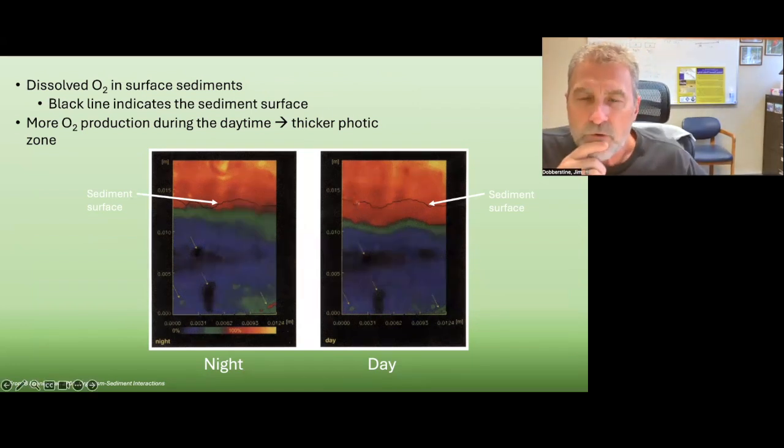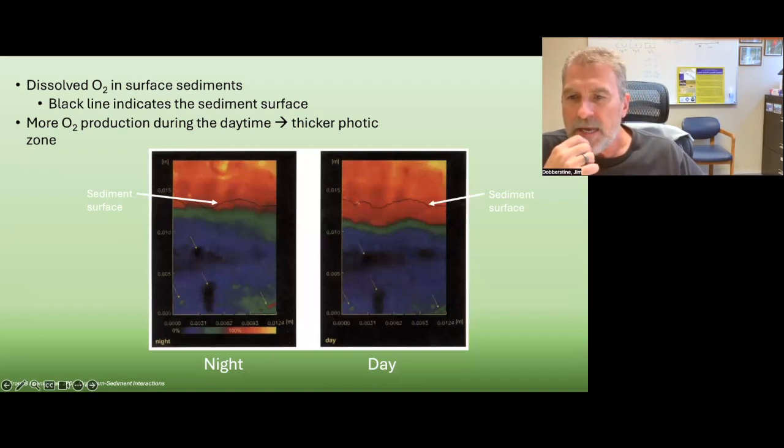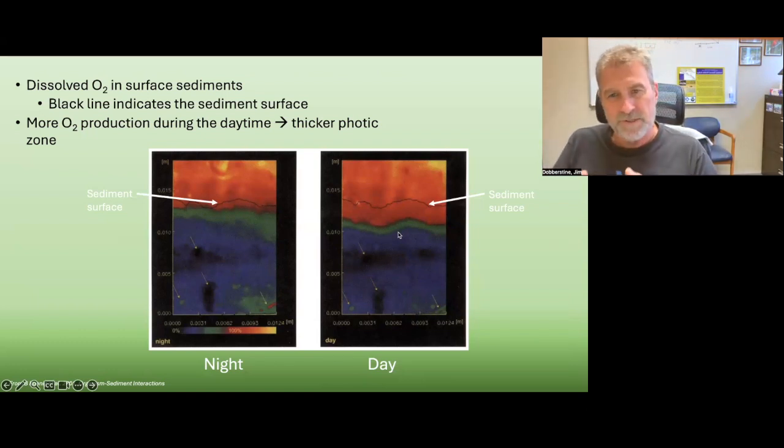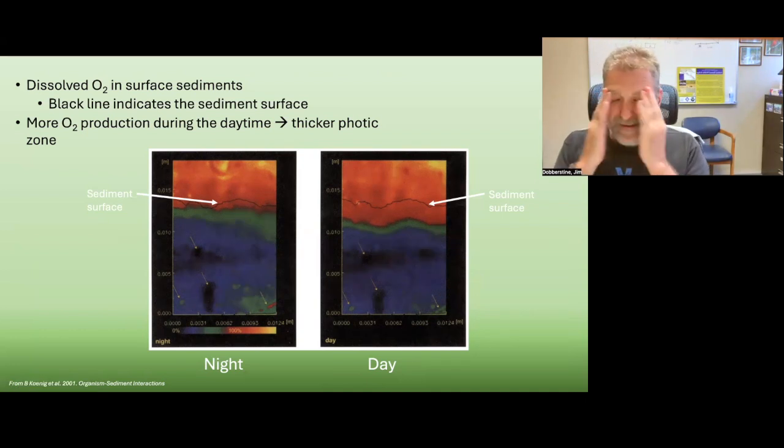So if you look at this photo, you can see this black line here, right? And I've got two images here, night and day. At night, penetration of oxygen down into the sediment is lesser than it is during the daytime. And that's because at night, those sediment microalgae are not photosynthesizing, right?